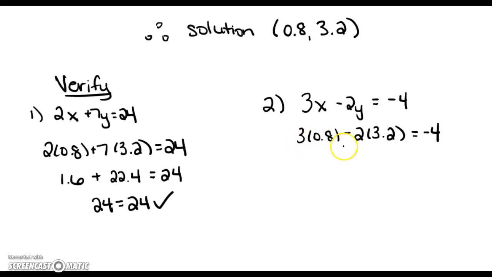So 3 times 0.8 is 2.4, and negative 2 times 3.2 is negative 6.4. That's equal to negative 4. Subtracting those two numbers, 2.4 minus 6.4, you find that you get negative 4. And so once again, we show that our solution checks out in both equations.